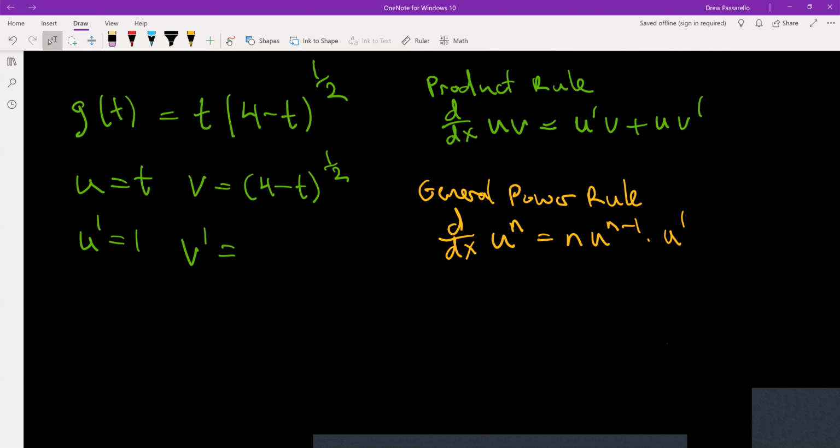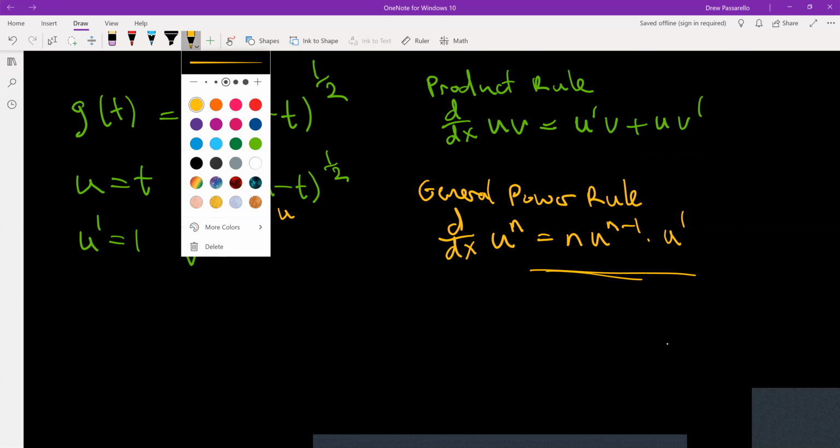So in our case, u would be like the 4 minus t. That means u prime would be 0 minus 1, which is -1. So u prime is -1 if I'm applying it with this.